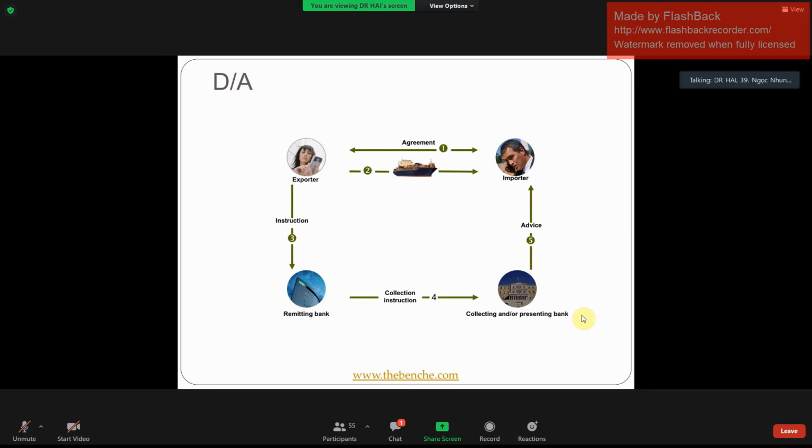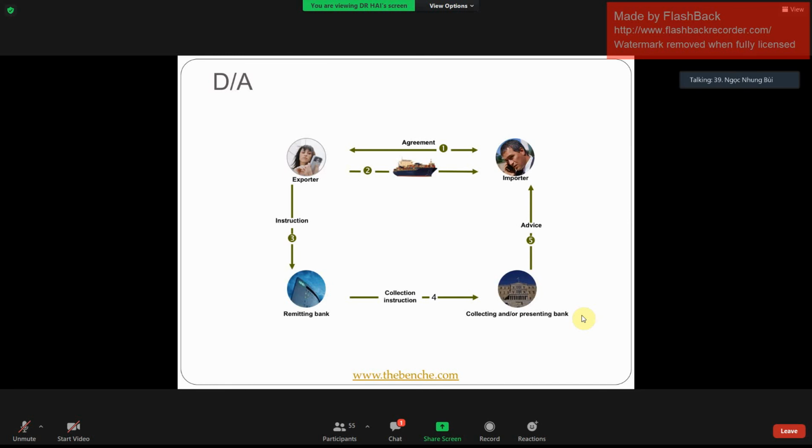So I think that if the transaction stops at step 5, the exporter will face the risk because if the goods are short-life goods, the goods can be rotten. Yes, rotten. So the exporter will face the risk.